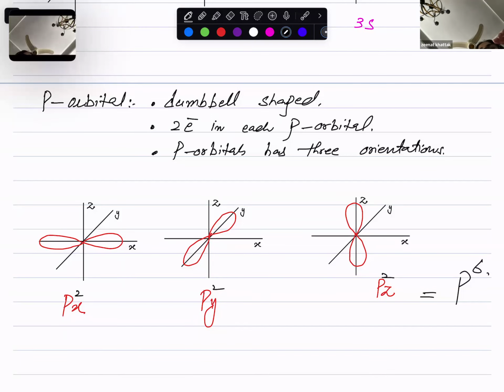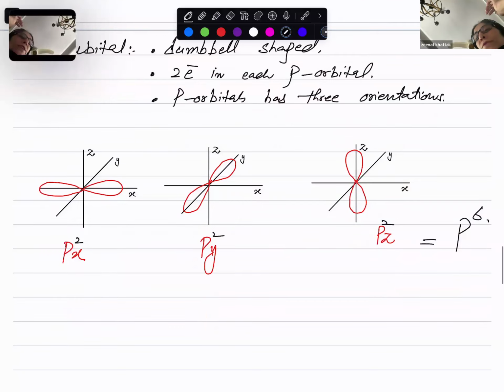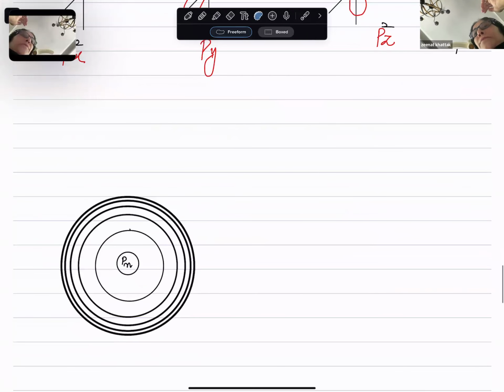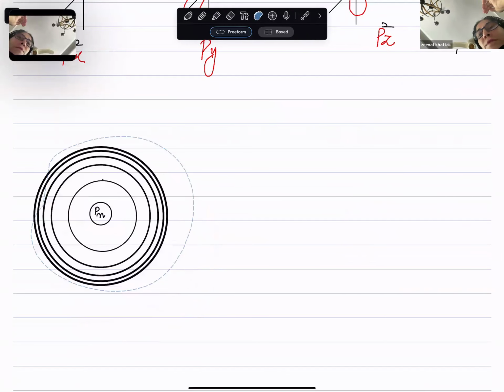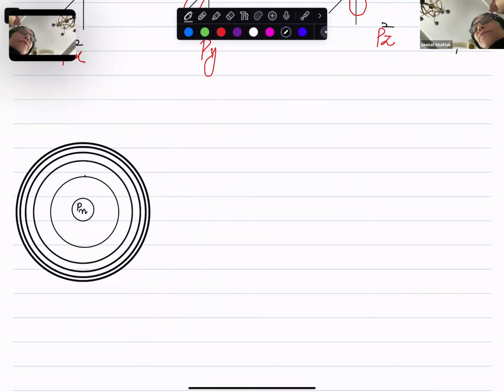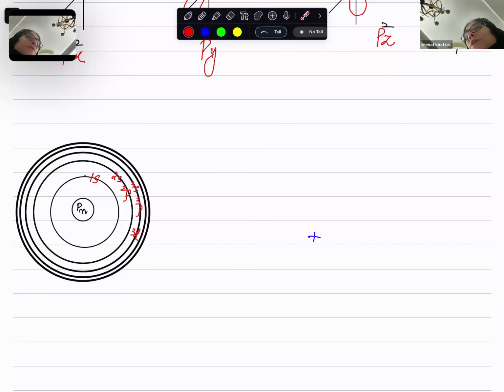Right. Now, I want to show these to you. Wait a minute. This is 1s. This is 2s, 2p. This is 3s, 3p, 3d, and then 4s like this. So, roughly, this is the nucleus.